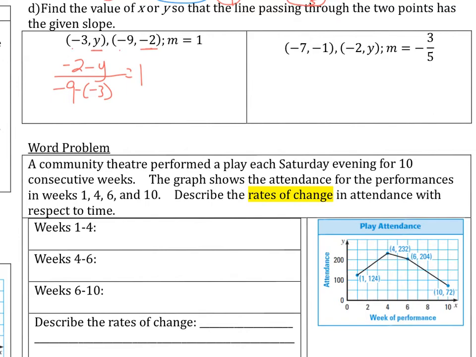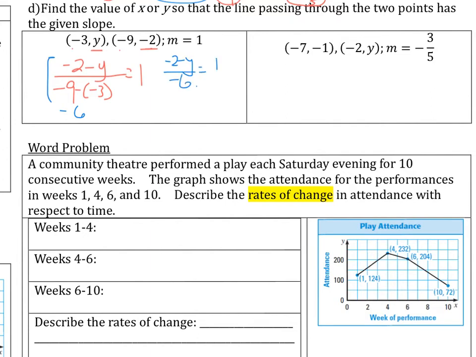And then I'm going to simplify this part of the equation. -9 minus -3 will become -9 plus 3, so that will give you -6. And for the top, you can't do anything to it, so I'm going to rewrite this as -2 minus y over -6 equal to 1.